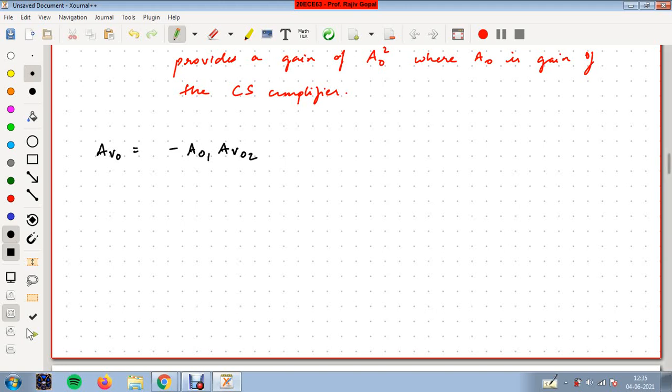Okay. This is the open circuited voltage gain of cascode amplifier.